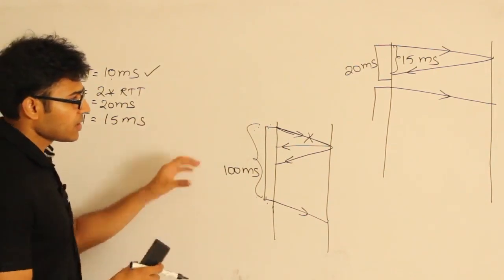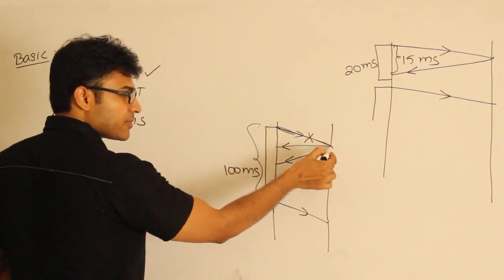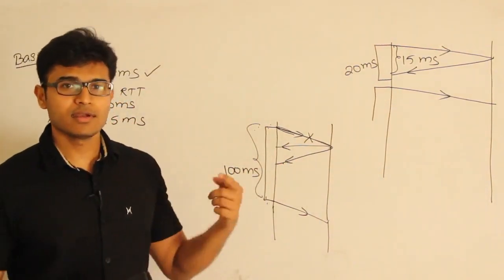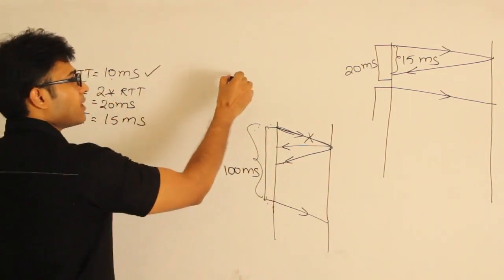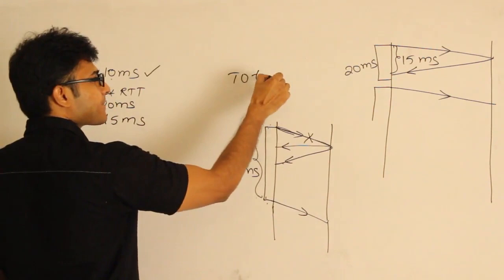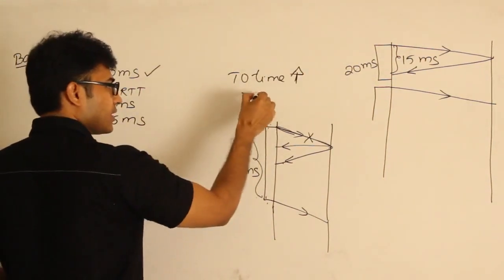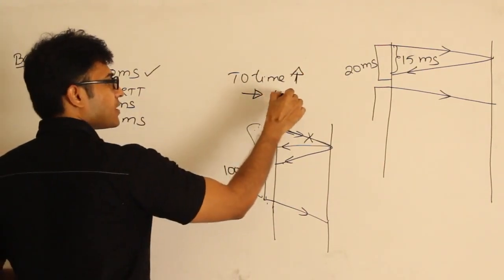If the timeout timer is very short, then the acknowledgement might just have been delayed, but you are not waiting long enough to detect it, leading to unnecessary retransmissions. And if the timeout timer is too large, it is going to lead to unnecessary time waste.